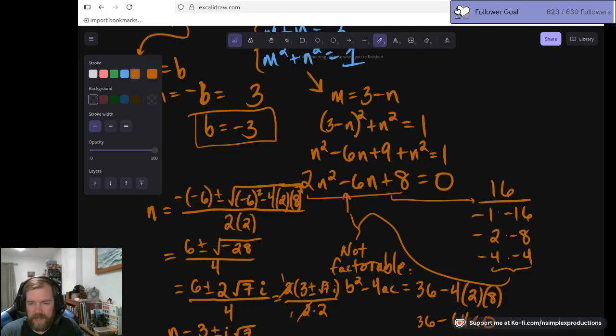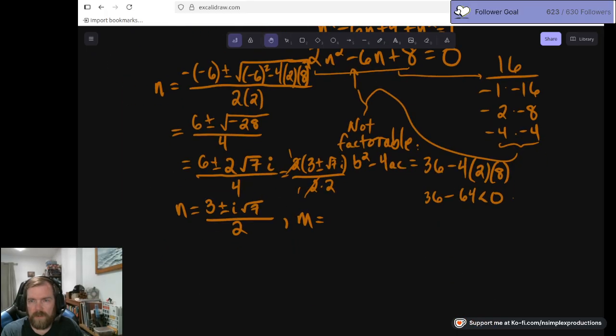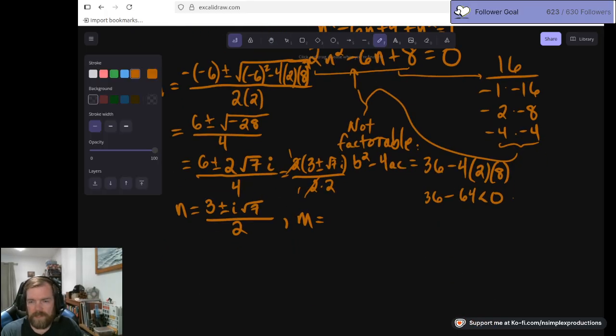So that means that m has to be equal to 3 minus plus i root 7 over 2. Again, it doesn't matter which one's which, as long as we acknowledge that we have two numbers here, they are complex conjugates of each other.